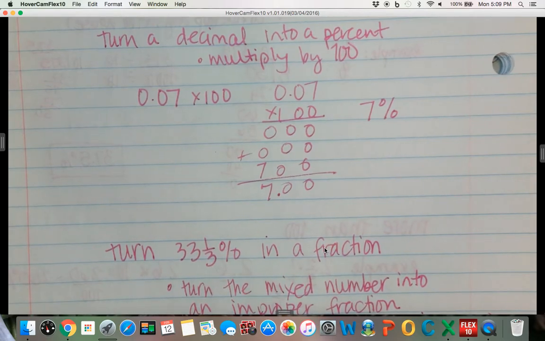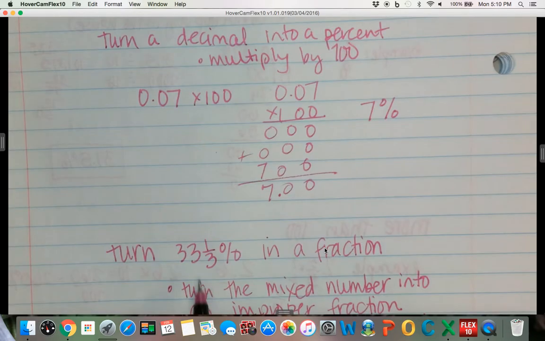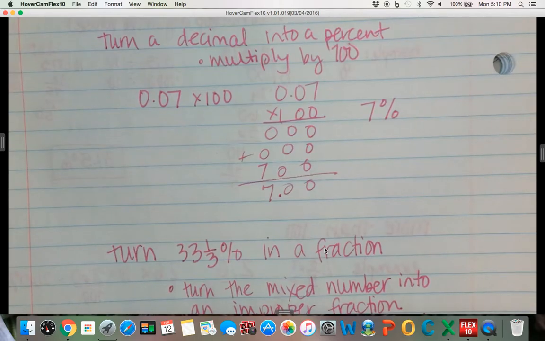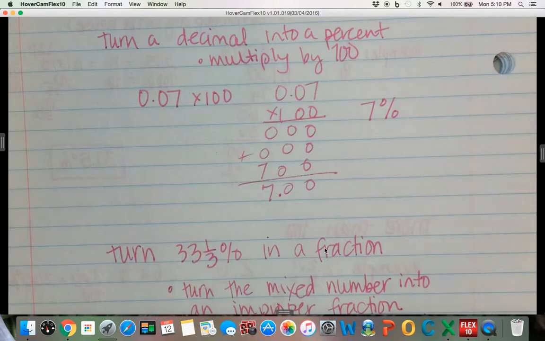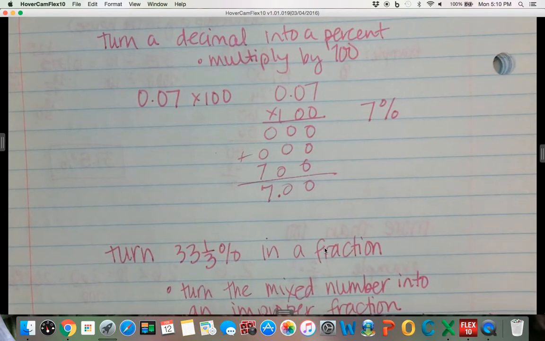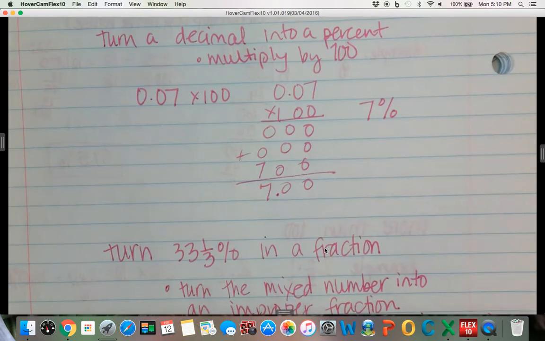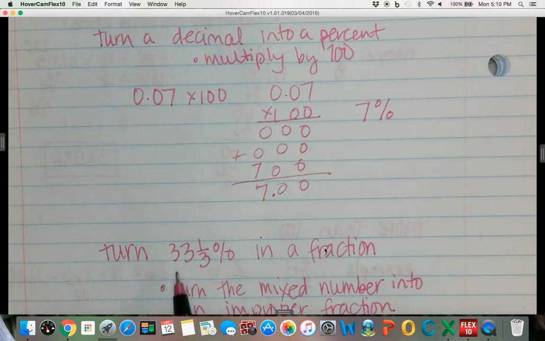I get 1/3, which is fraction form of this. Decimal form, 1/3 is 0.33 that repeats itself. And that's what happens if I divide top dog in the house here. So 33 1/3% is 0.33 repeating.